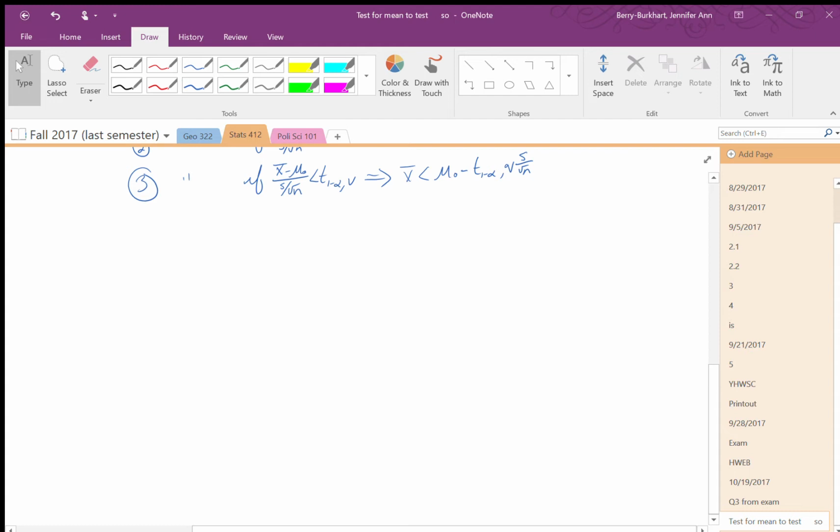It's working on it. This is pretty. That's why I'm having a problem. There we go. It'll eventually come to life.